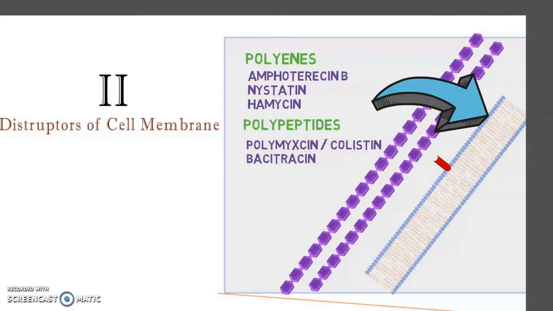So these drugs, polyenes and polypeptides, target the cell membrane and will not allow its synthesis, and they also cause pores and gaps in the cell membrane layer. So this lipid bilayer will be disrupted and the internal components or organelles of the cell will leak out of the cell and the cell will lose its integrity.